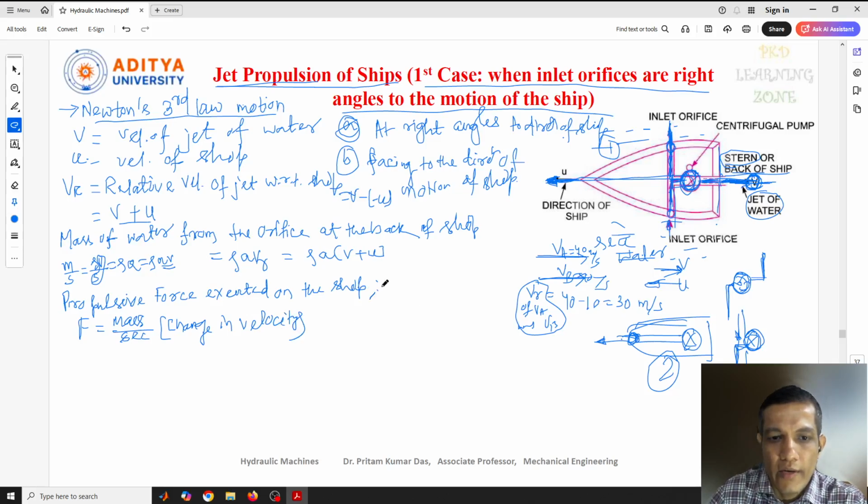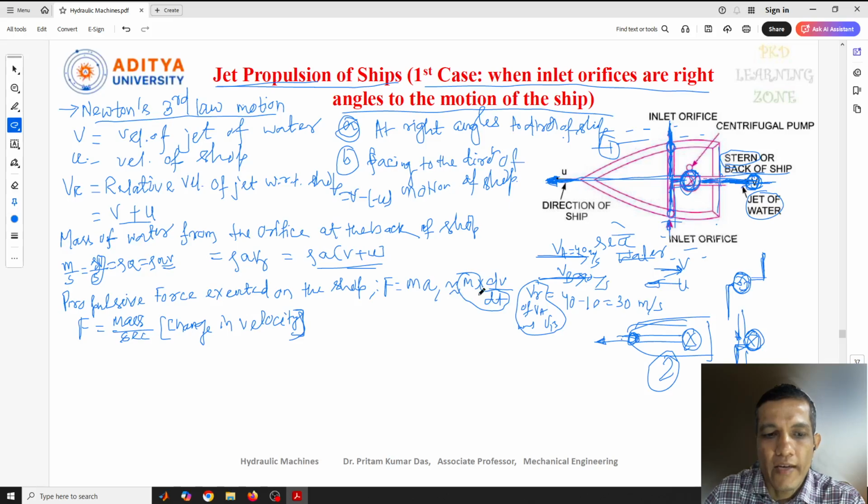This is nothing but F equal to mass into acceleration, as per Newton's second law of motion. In place of acceleration we can write dv by dt, the change in velocity with respect to change in time. So mass with respect to time, that we already got, and the change in velocity, that means the final velocity and the initial velocity.